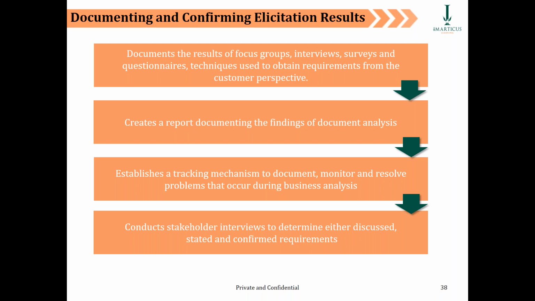Now, once you have run through a couple of rounds and generated requirements, it's very important for you to now stop, document all requirements, and confirm whether the elicitation results are good, bad, or ugly. What are elicitation results? You started off the elicitation exercise with a certain objective, right?